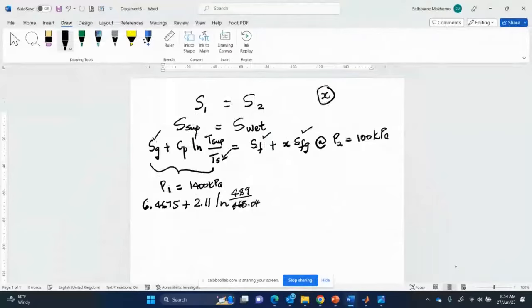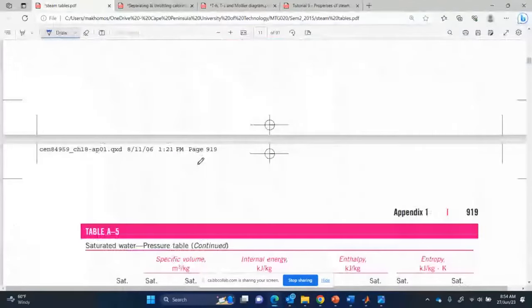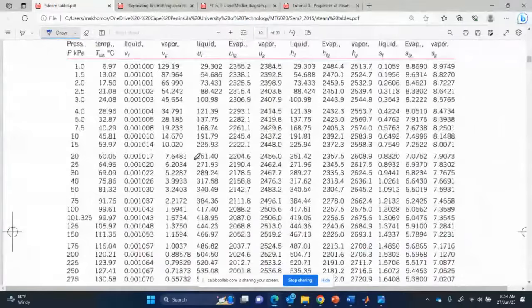Now we are going back to the steam tables. We want Sf at 100 kPa. We scroll up to 100. Here is 100.